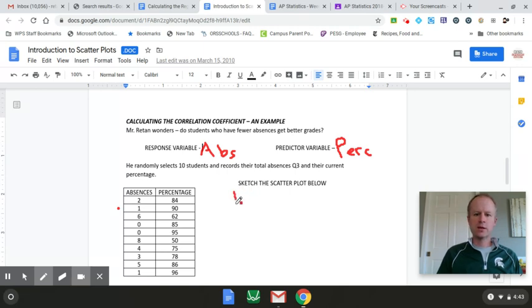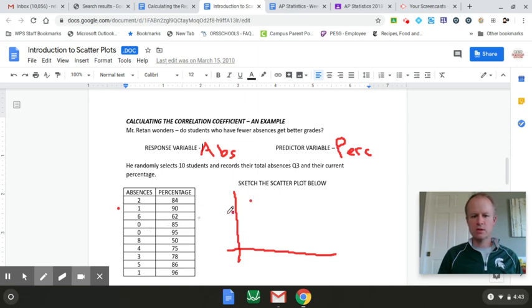The next thing you're going to do is create a nice scatter plot, and you're going to make sure you practice good graphing skills. You're going to label your X axis and your Y axis. Make sure you include a scale that counts by the same amount, and you would plot all of these points. Now we have a student with 2 absences that has an 84, so they would be somewhere up here.